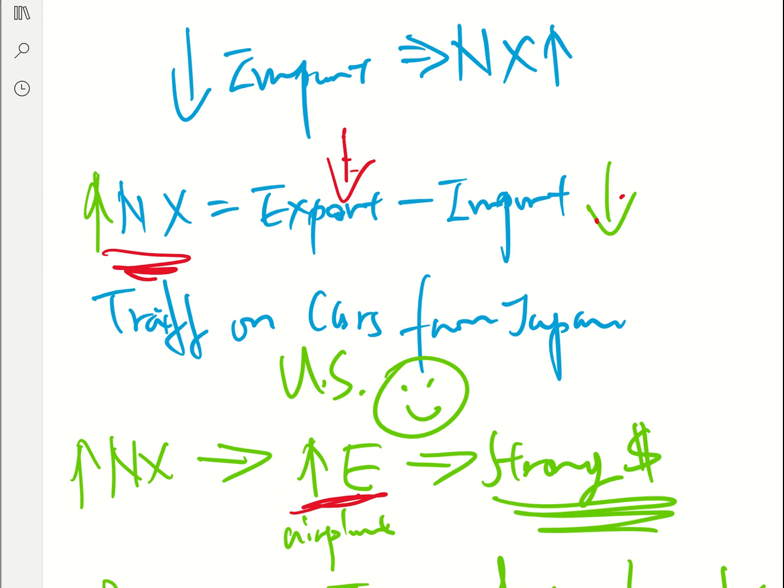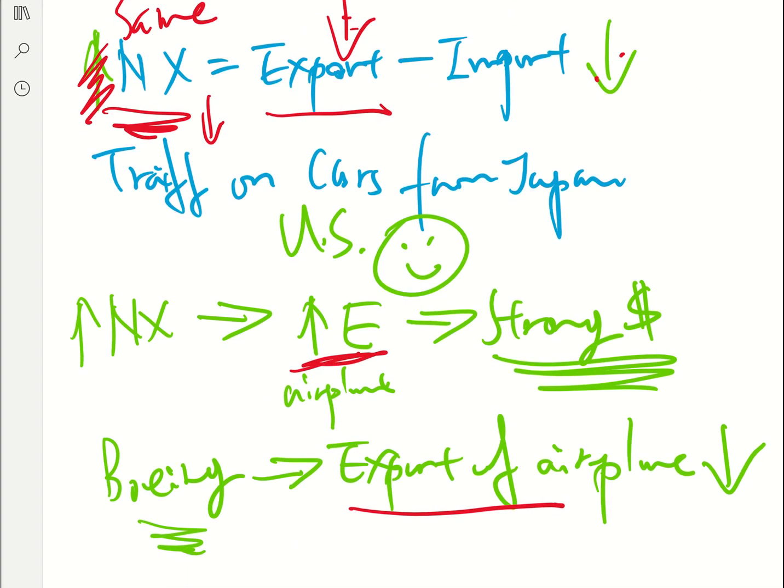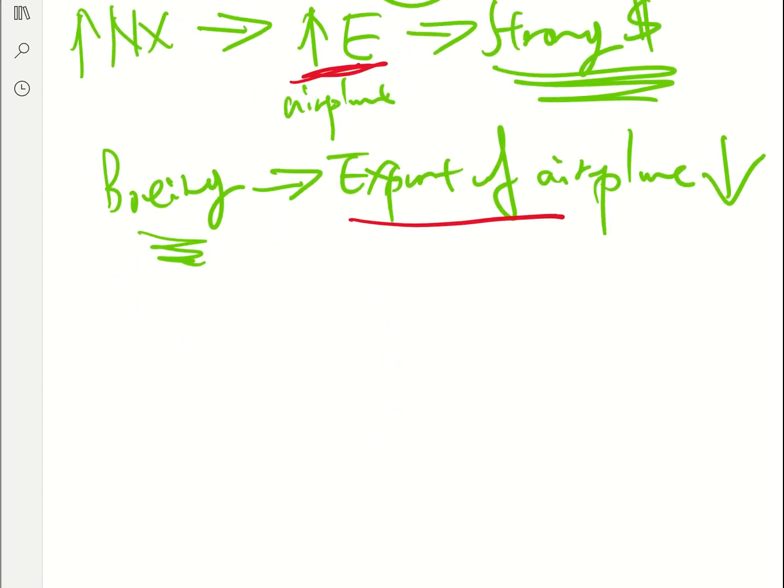So the net impact on the net export might not be positive. It might be the same, or even go down a little bit, if your export goes down by too much, right? So that's why whenever you have a change in the trade policy, it has very little impact on the macroeconomy.